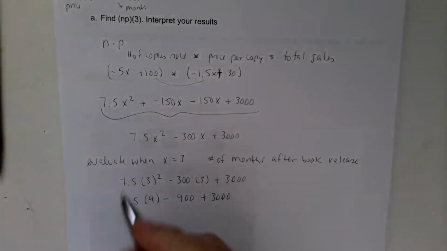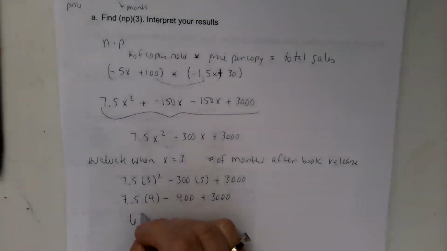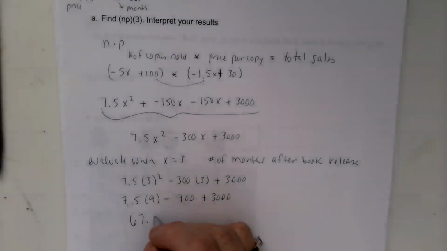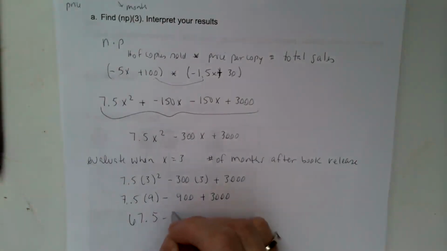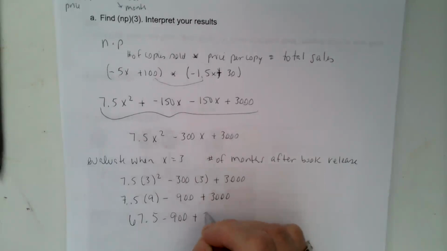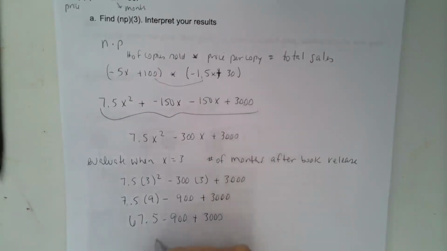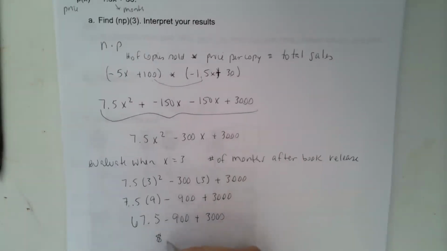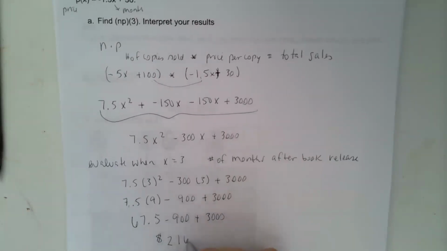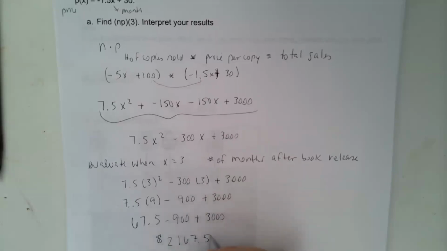So 7.5 times 9 is 67.5, minus 900 plus 3,000. And this is going to be dollars. And that comes out to $2,167.50.